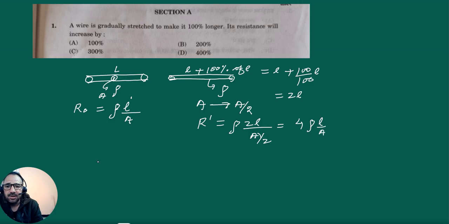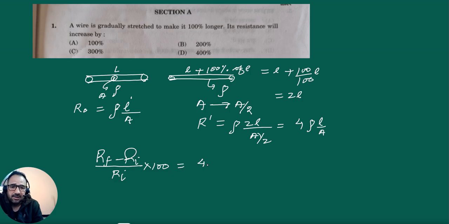If you want to calculate the percentage, I will write final resistance minus initial resistance upon initial resistance into 100. When you have percentage more than 10, you can use this formula. Otherwise, you can use the error technique here.